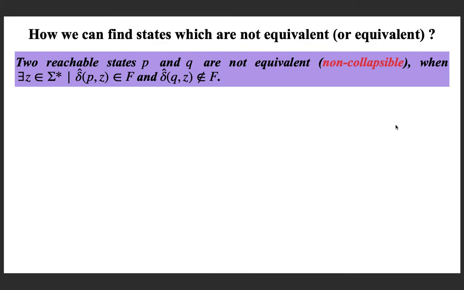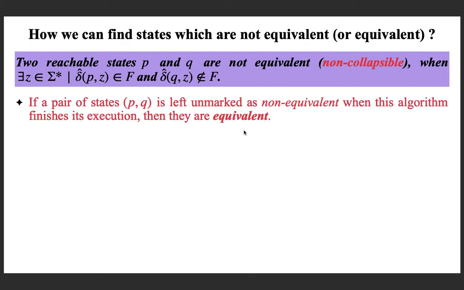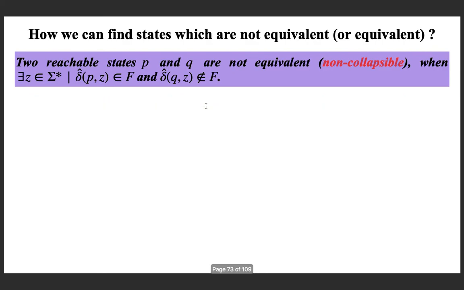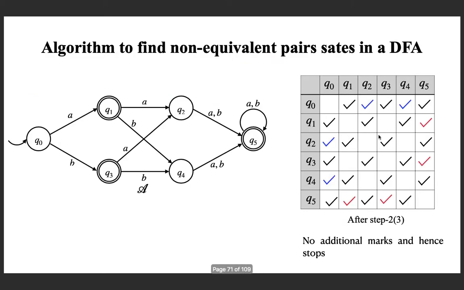Two states P and Q are not equivalent if there exists a string Z witnessing their non-equivalence. That means if this algorithm leaves a pair of states unmarked, like Q4 and Q2, they are equivalent.